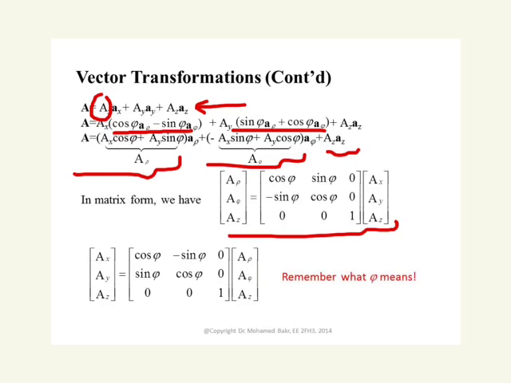It's not difficult to see from this form that a rho is equal to cosine phi Ax plus sine phi Ay, as shown here. And the same thing applies for a phi. So this will take you from the Cartesian components of a vector to the cylindrical components of a vector. And remember, Ax, Ay, and Az will also have to be written in terms of rho, phi, and z.